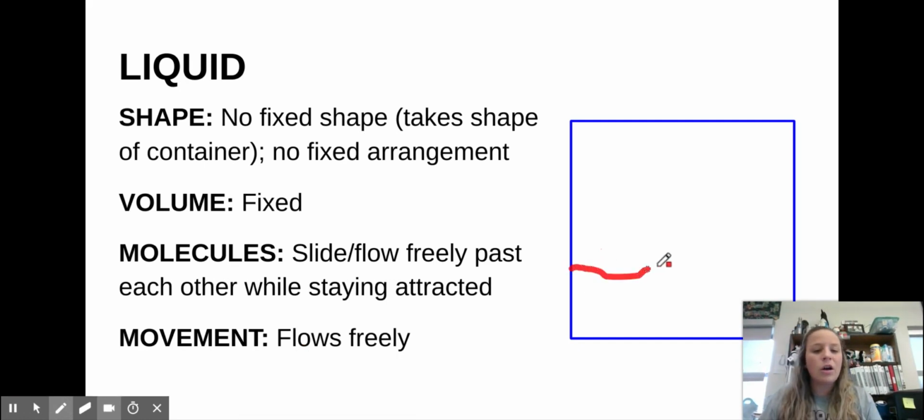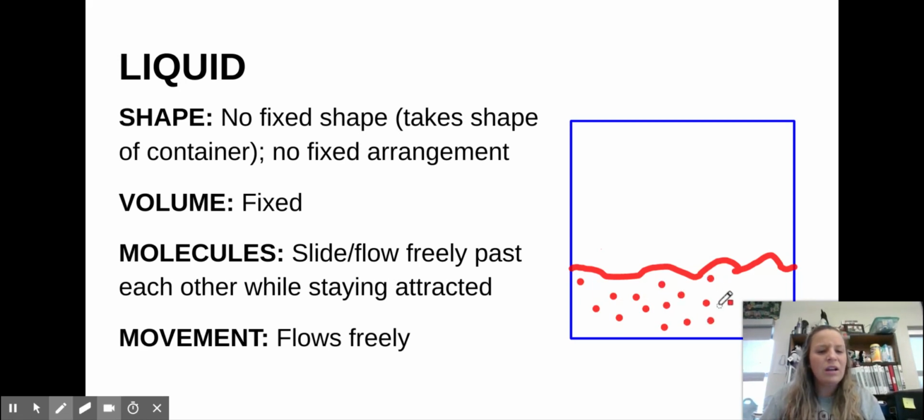So I'm just going to kind of draw a wave showing you that this is a liquid we're talking about. And again, you can draw actual circles. I'm just doing dots because my circles don't look so great. Okay, so these molecules, they're still kind of close together. Nobody's really touching. They're moving around.